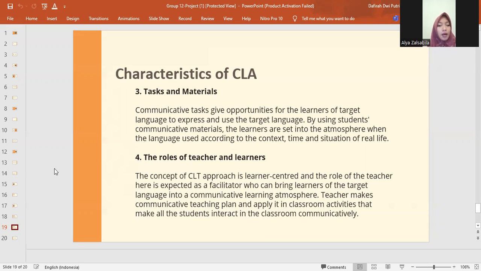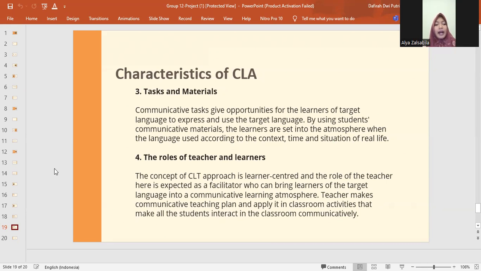The role of the teacher here is expected to be a facilitator who can bring learners of the target language into a communicative learning atmosphere. The teacher makes a communicative teaching plan and applies it in classroom activities that make all the students interact communicatively.